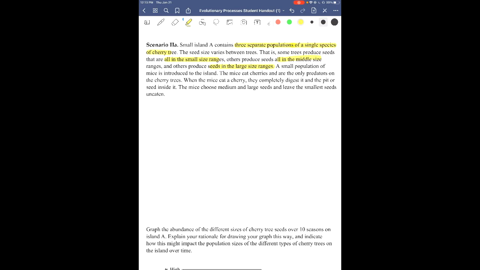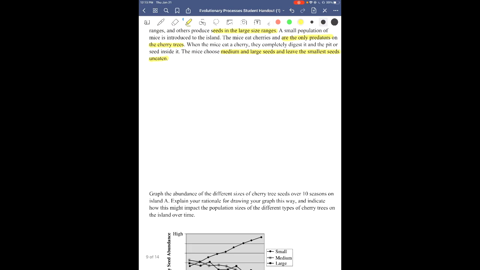A small population of mice is introduced to the island. The mice eat cherries and are the only predators on the cherry tree. When the mice eat a cherry, they completely digest it and the pit and the seed inside it. The mice choose medium and large seeds and leave the smallest uneaten.